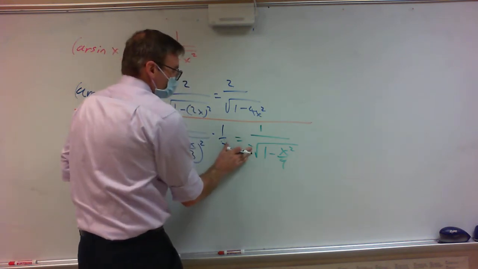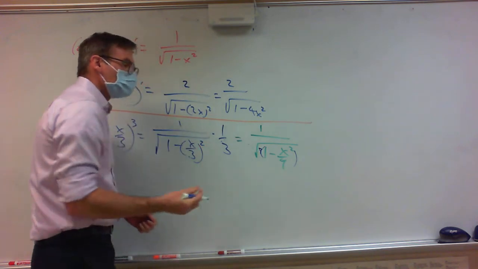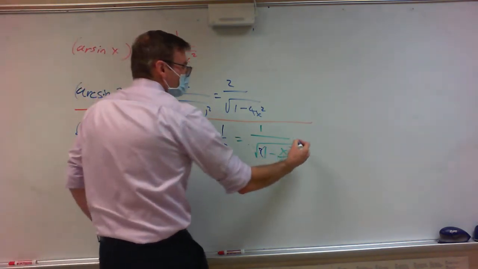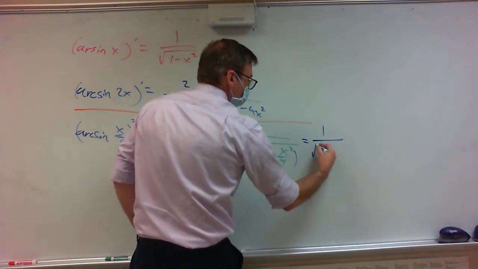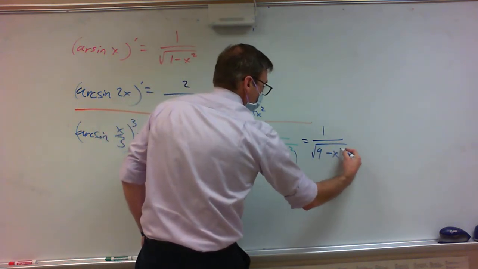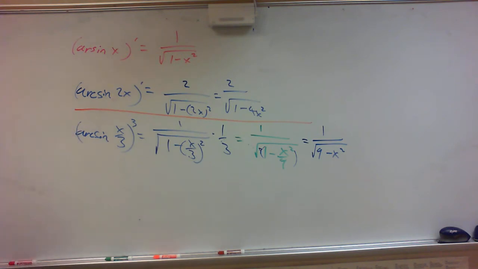So when I take that 3 and put it inside the square root, it's a 9. And when I distribute, do you see that I get 1 over the square root of 9 minus x squared? Do you see that?